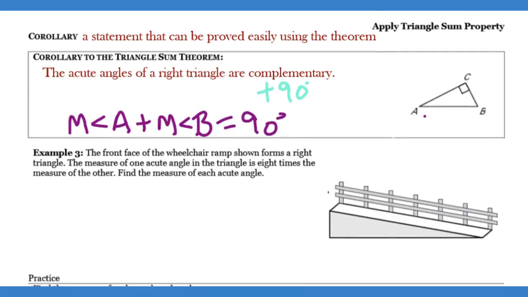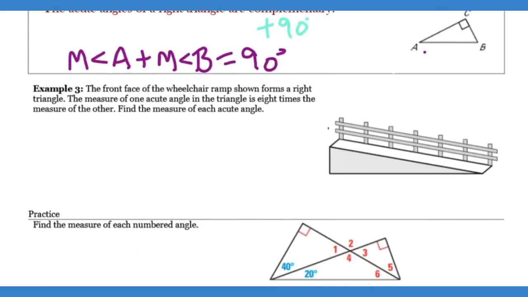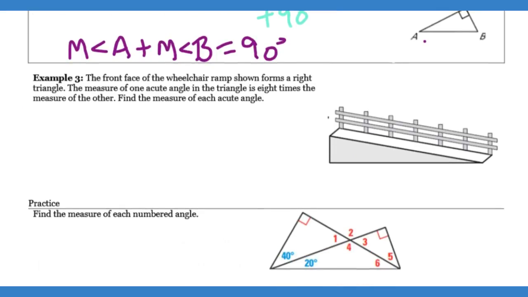All right, let's look at example 3. The front face of the wheelchair ramp shows a right triangle. So they've just told me that this is a right triangle. So I would go ahead and mark this so I don't forget. The measure of one acute angle is 8 times the measure of the other acute angle.